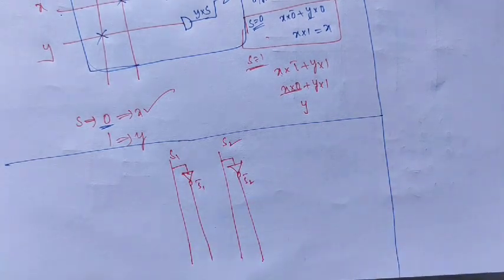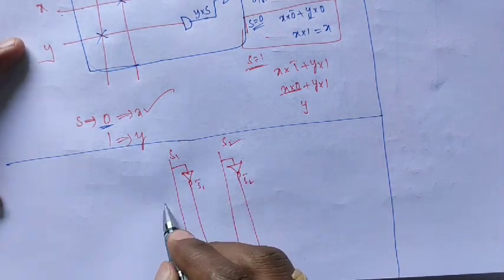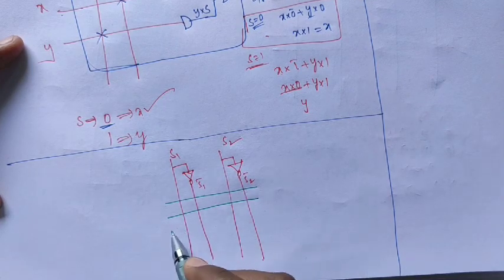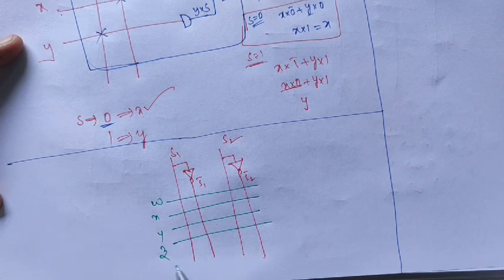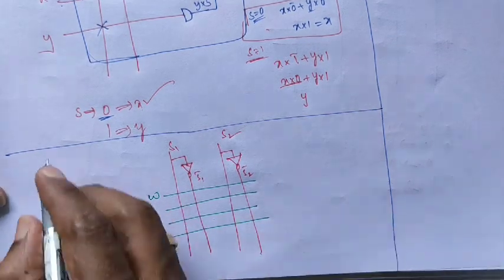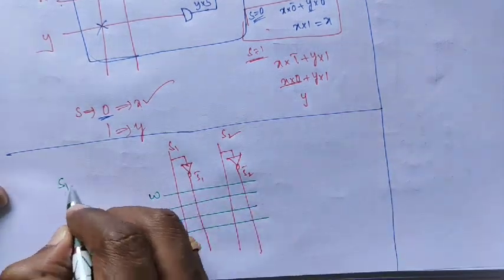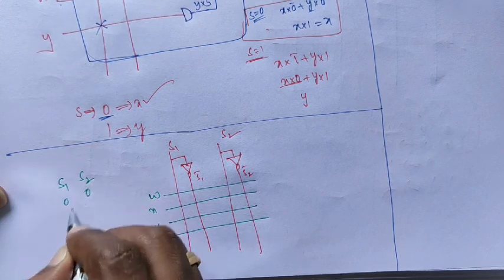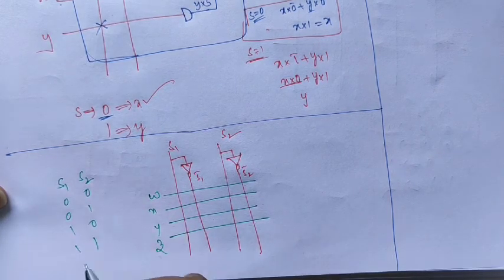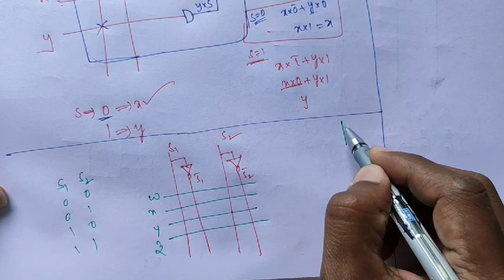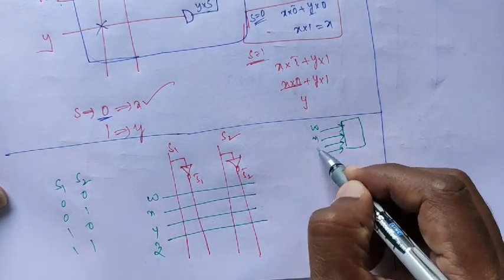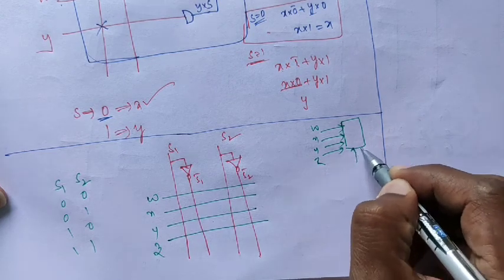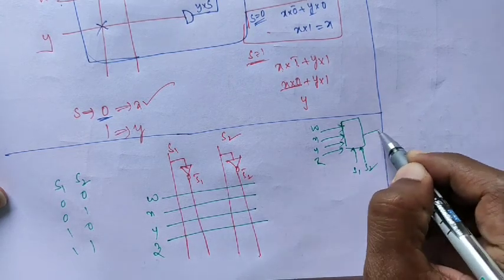Okay, how many inputs? 4 inputs. We consider 4 inputs, W, X, Y, Z. Here the possible combinations of selection lines S1, S2 are 0 0, 0 1, 1 0 and 1 1. So according to the 4 by 1 mux, W, X, Y, Z are the inputs, two selection lines S1 and S2, and this is the output.